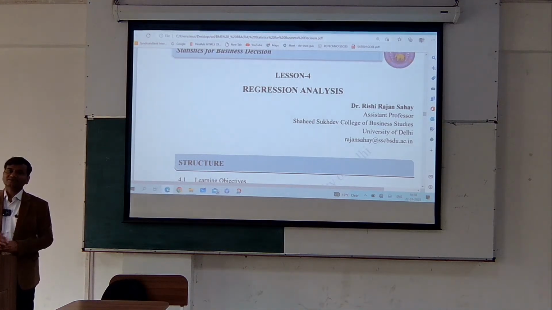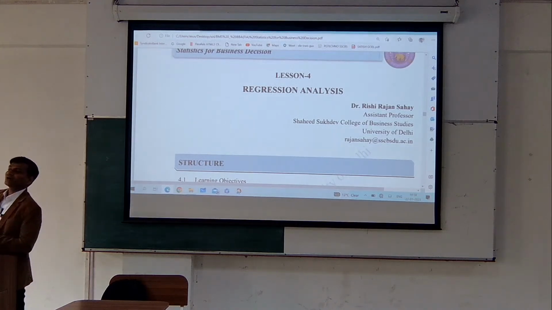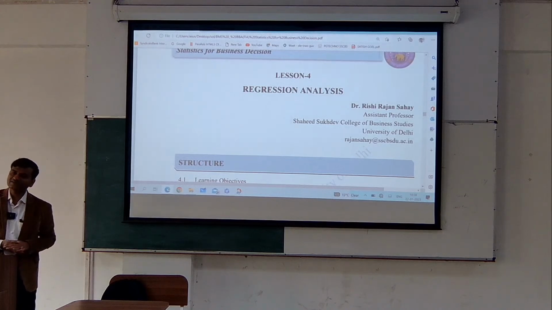That means if x is increasing or decreasing, then y is not changing corresponding to that. That is the meaning of no relationship between the two variables. If x is increasing, y is also increasing, or if x is decreasing, y is also decreasing, then you have a positive relationship.